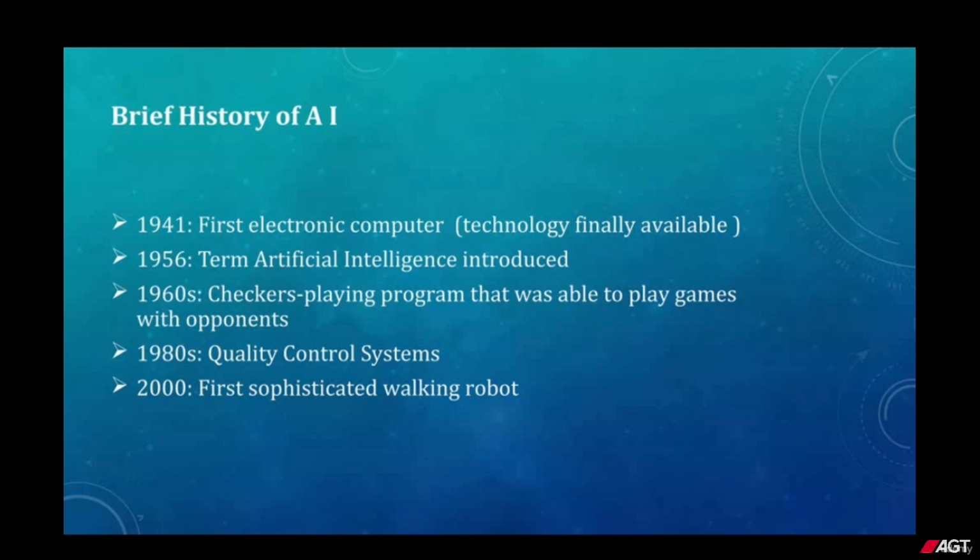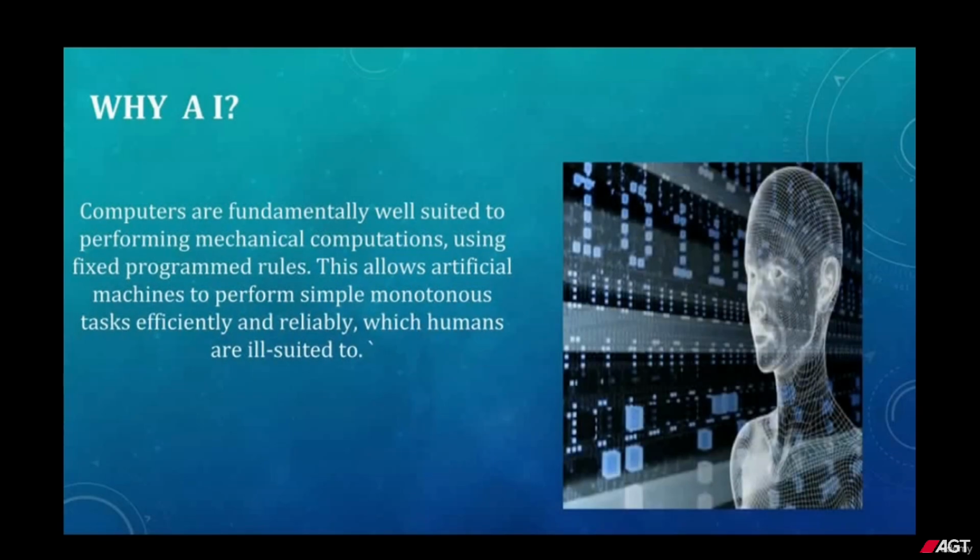In the 1980s, quality control of AI was introduced. In 2000, the first walking robot was introduced.